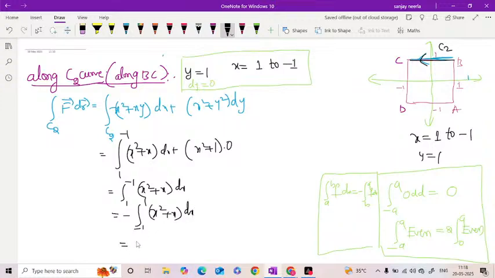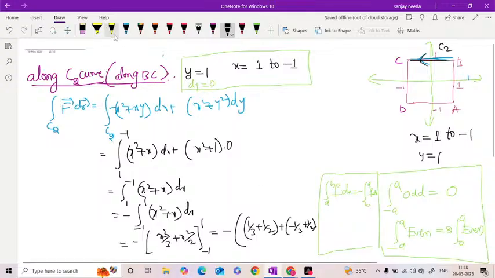Now minus, the integration of x square is x cube by 3, the integration of x is x square by 2, with limits -1 to +1. So minus of: upper limit 1 gives 1 by 3 plus 1 by 2, lower limit -1 gives -1 by 3 plus 1 by 2.